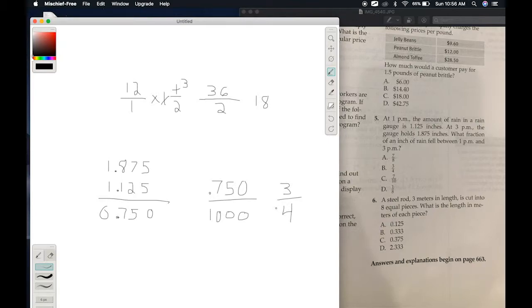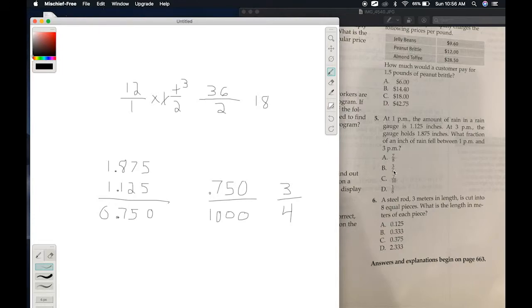Okay, so we always want to pick the largest number that goes into both of these. And sometimes it will be one of the numbers themselves. Like if this was 250, then we'd know that 250 goes into itself once. We'd put a 1 here, and 250 goes into 1,000 4 times, so we'd put a 4. It would be 1 over 4. But in this case, your answer is 3/4. Okay, so 3/4 right over yonder.